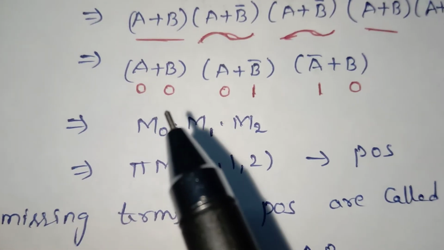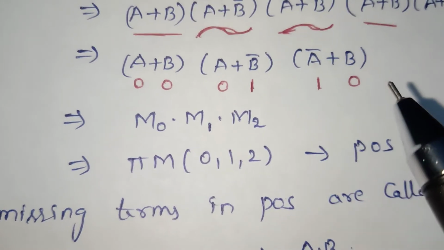Sorry for the inconvenience. Okay, the normal variable is taken as 0 and the complement is taken as 1. Therefore, it is 0, 0, 0, 1, 1, 0.